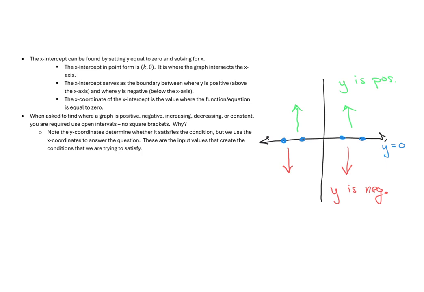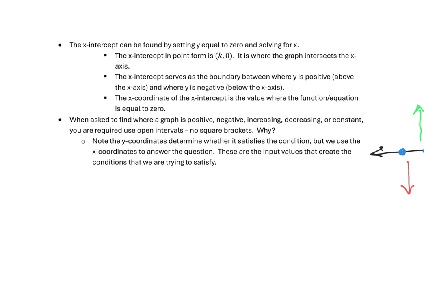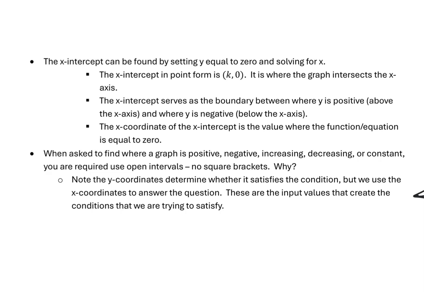So for instance, when we're being asked, where is the function positive? Where is it above the x-axis? The y values tell us when it is, but the numbers that we are inputting, those are the ones that we want to answer with. We are saying that when x is this, y is positive. All right, that's enough of that. Okay, so we're going to be playing around with this a lot this semester. So if it takes you a little while, that's okay.